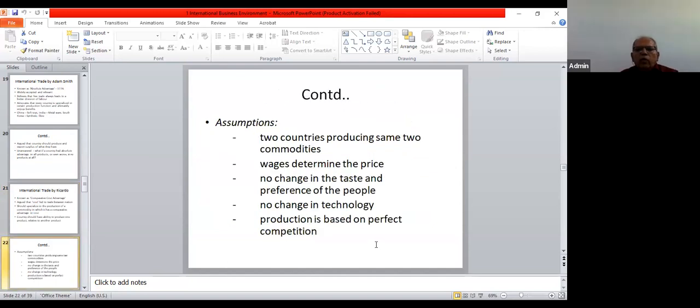Now Ricardo has put some assumptions. First assumption: two countries producing the same two commodities. Now, Pakistan and India both are in the production of sugar. If you consider this example, Pakistan is known for production of sugar and India is also known for production of sugar.